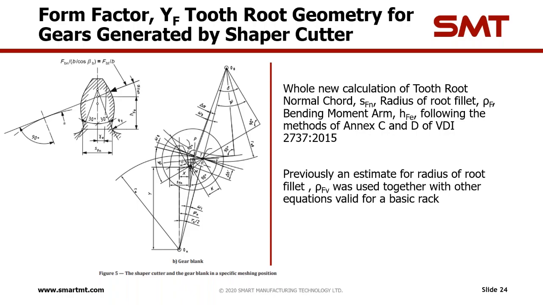calculation method from VDI 2737, which is a general calculation method for internal gears, and it incorporates the calculation for normal root chord, radius of root fillet, and bending moment arm into ISO 6336.